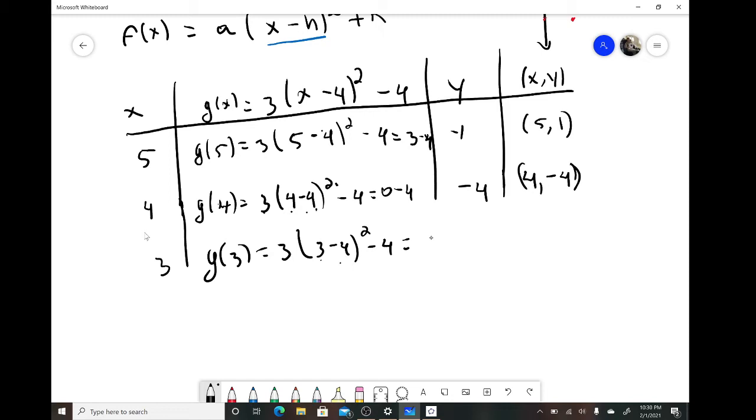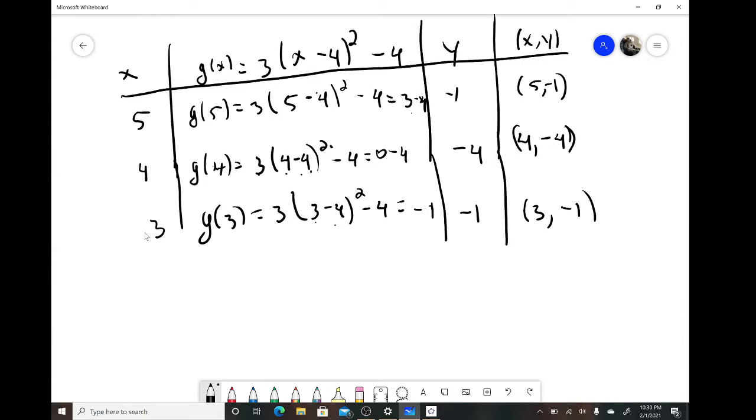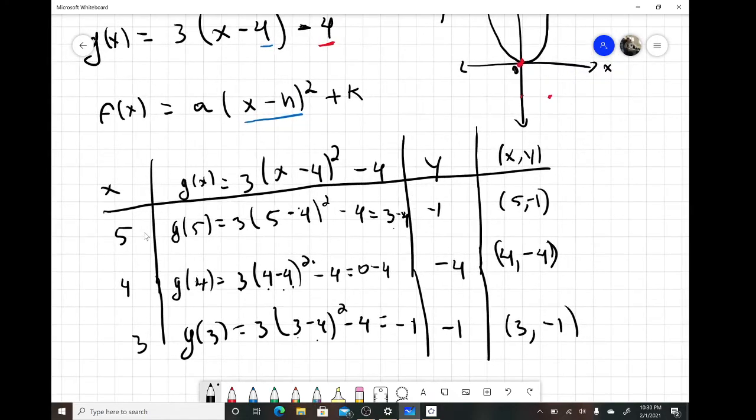And again, 3 minus 4 is negative 1. So that means that our point is (3, -1). Did I say minus 1? Yeah, minus 1. So I have a mistake up here. I didn't put the minus 1 here. There we go. That makes sense.